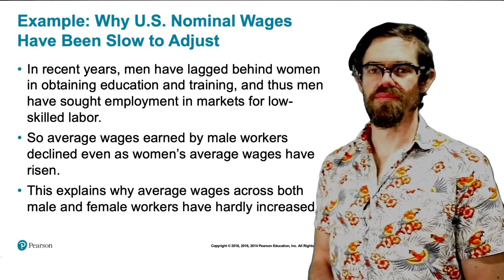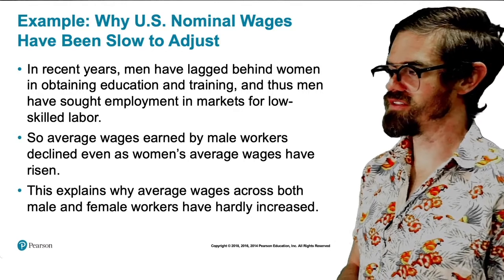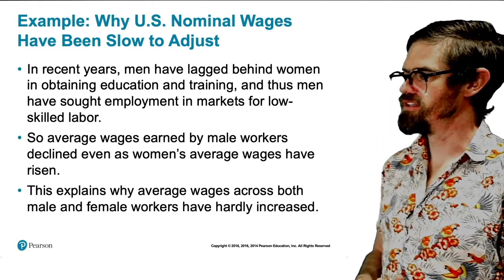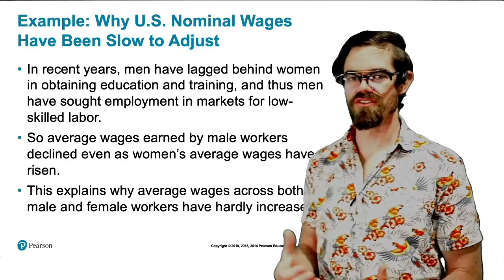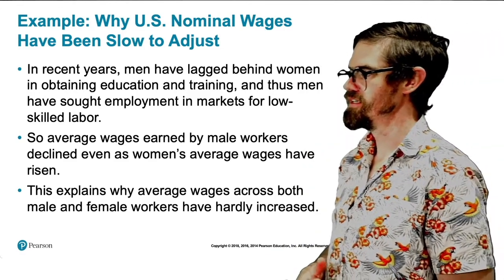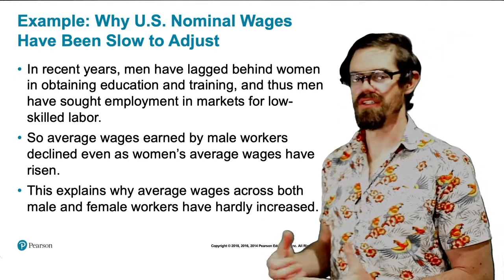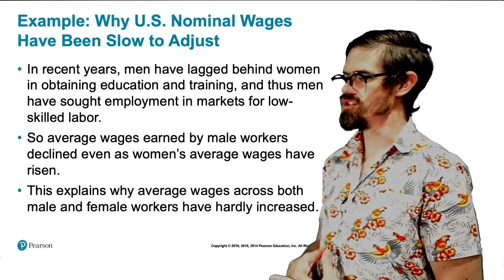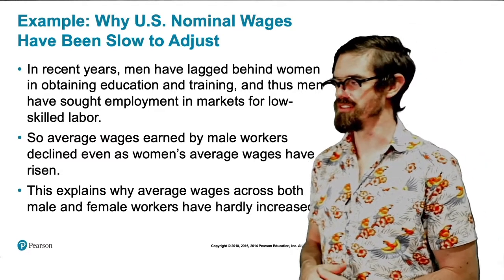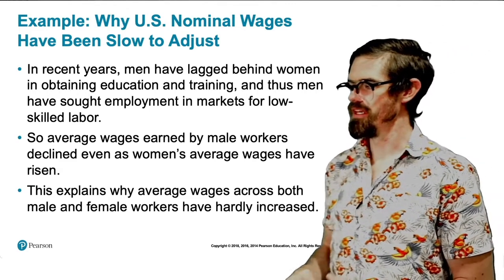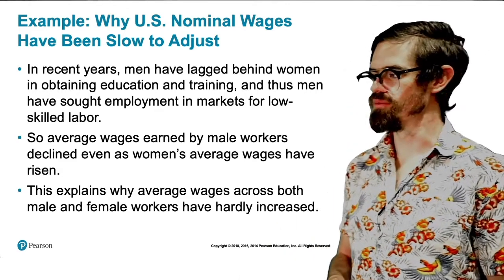All right, before we go any further, let's stop to think about an interesting example: why U.S. nominal wages have been slow to adjust, why they have been sticky to some degree. Now, in recent years, men have lagged behind women in obtaining education and training. Interesting to know. And thus, men have sought employment in markets for lower skilled labor.